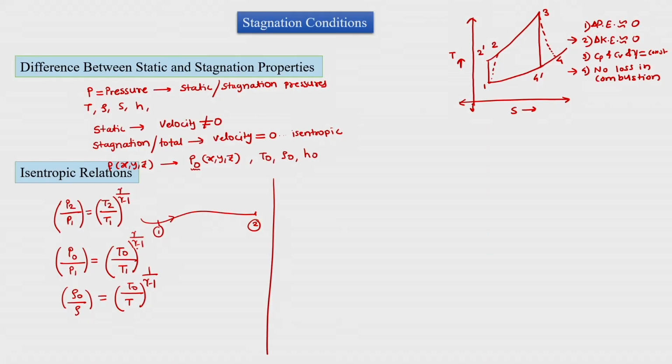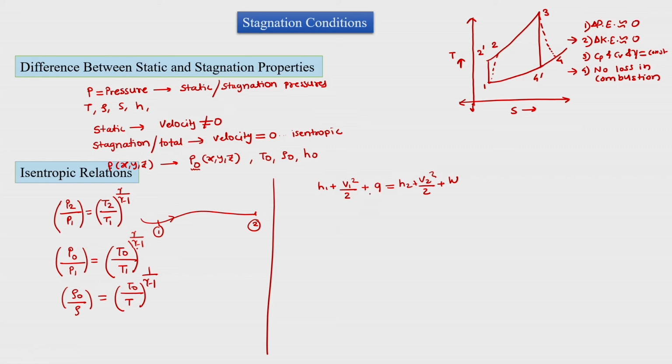Then we will go ahead and try to link it with classical gas dynamic relations, where let us apply the steady flow energy equation between station 1 and 2. Then it says that H1 plus V1 square by 2 is equal to, ideally this equation says that we have to add heat, then H2 plus V2 square by 2 plus W dot, or W, since units are kilojoule per kg.